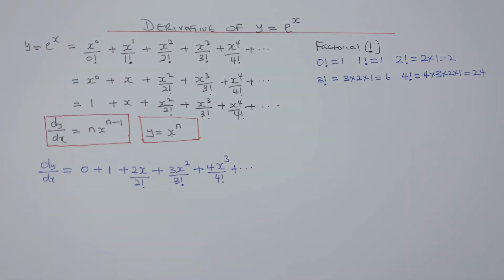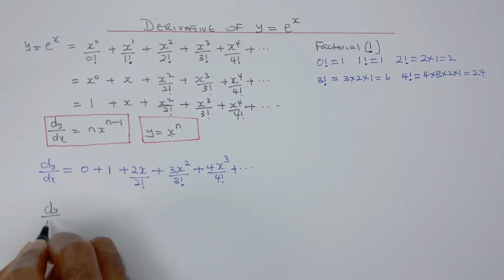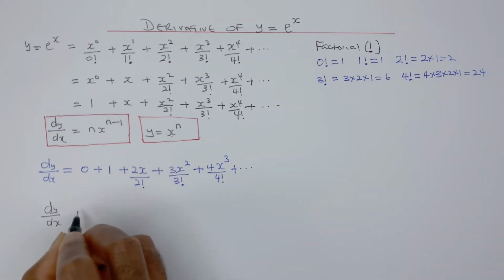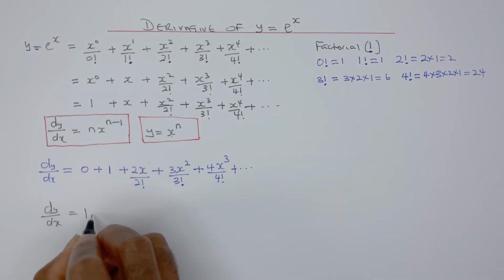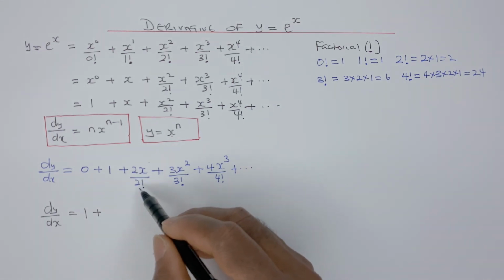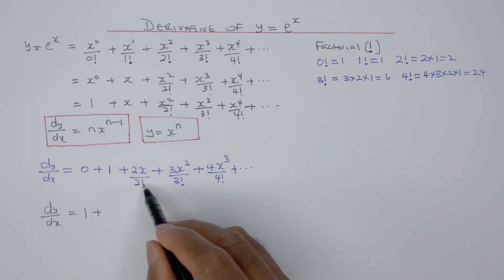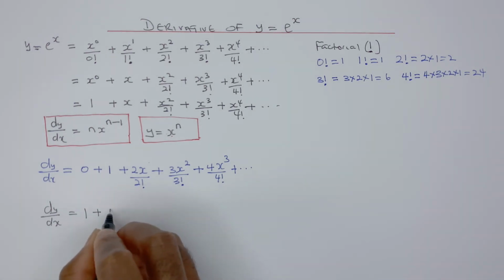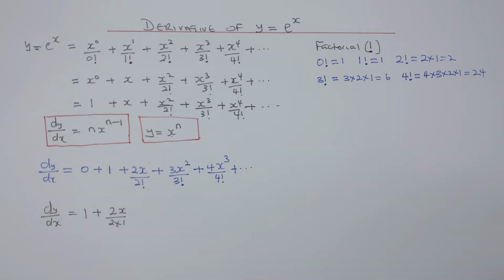So what I do next is simplify this. So dy/dx equals, well, 0 plus 1 plus, now 2x over 2 factorial. 2 factorial is 2 times 1. So I'm going to write 2x over 2 times 1. That's what 2 factorial is. And you can see that the 2s cancel each other. So that's gone.